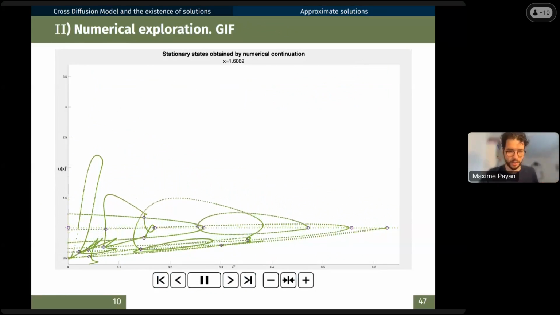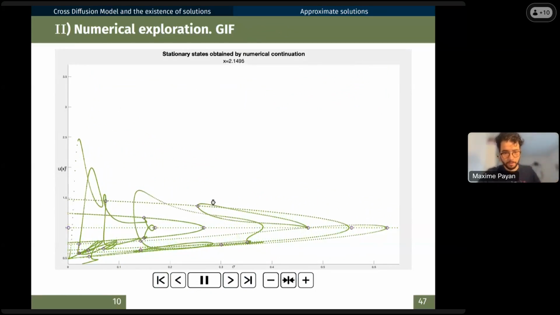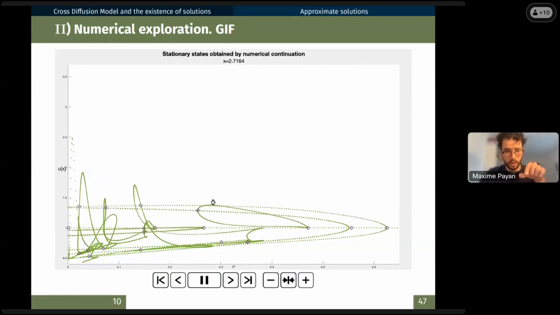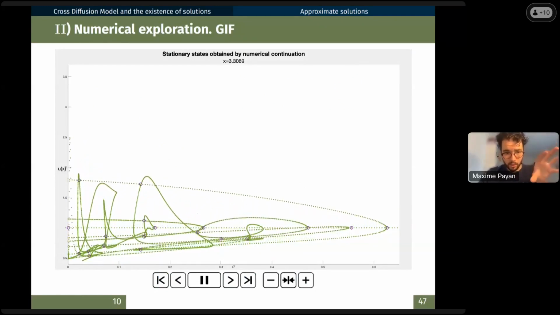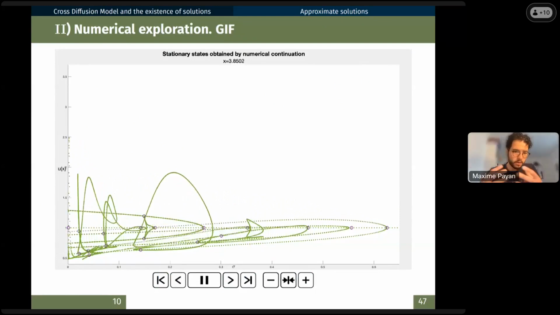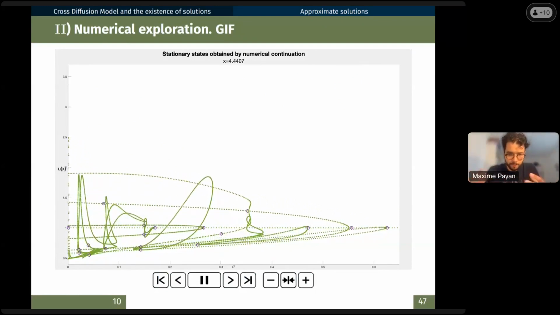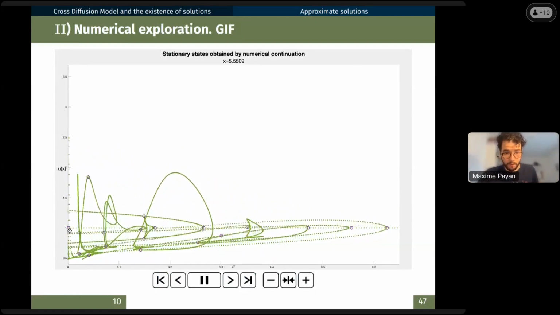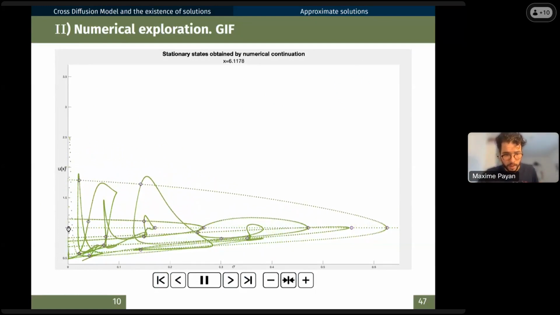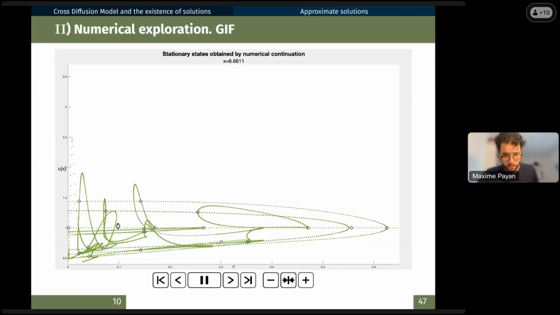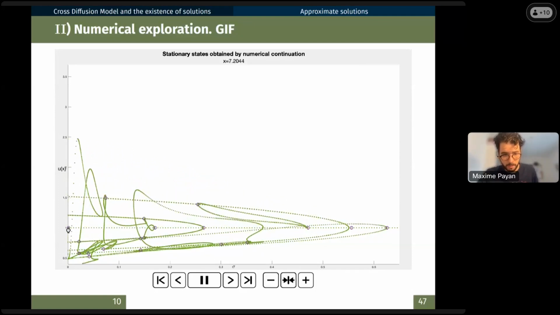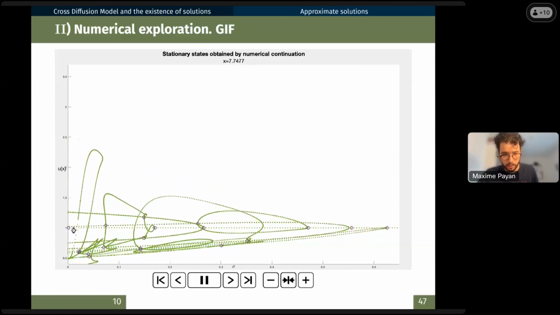So it's a little bit weird, but it's interesting for us to get something on the dynamics of this 3D object, okay?